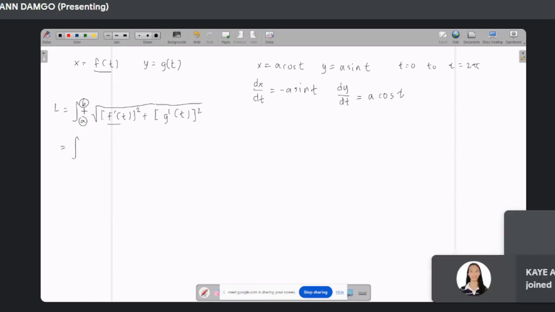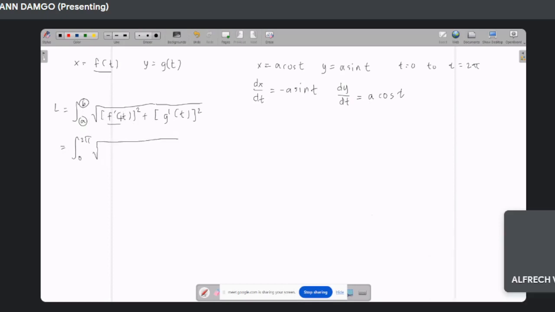Okay, so apply. So the integration, so our a to b here is 0 to 2 pi. The square root of, so f prime of t, we have negative a sine t to the power of 2 plus our g prime of t, we have a cosine t to the power of 2. So we have dt. Okay, so simplify, we have 0 to 2 pi, the square root. So this is a squared sine squared t.